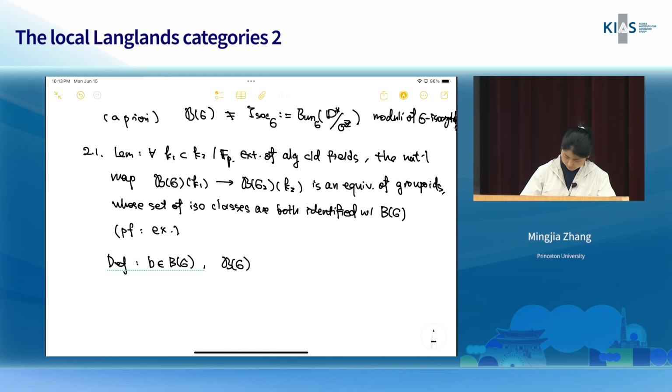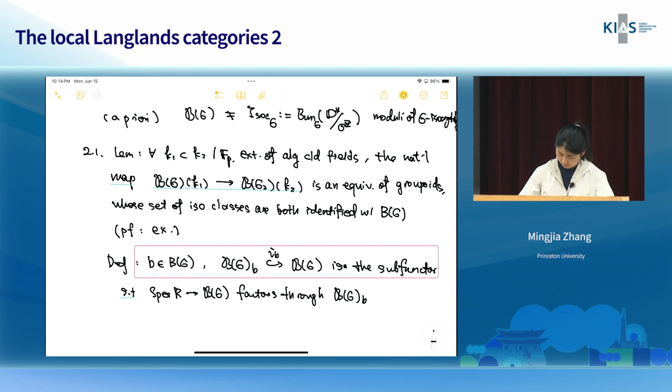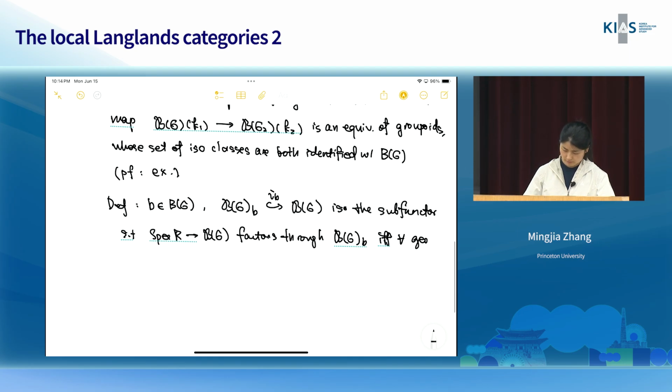Namely, one can define a subfunctor of curly BG by saying that a point of BG factors through this subfunctor if and only if, for any geometric point on the test scheme, the isomorphism class of this test object as an element in B(G), using this lemma, agrees with b.